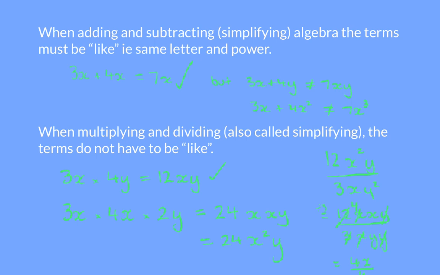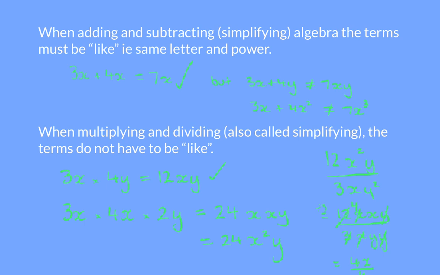However, when we're multiplying and dividing, which is also called simplifying, the terms do not have to be alike. So we can take 3x times 4y and we just multiply everything together. So 3 times 4 is 12, x times y is xy.